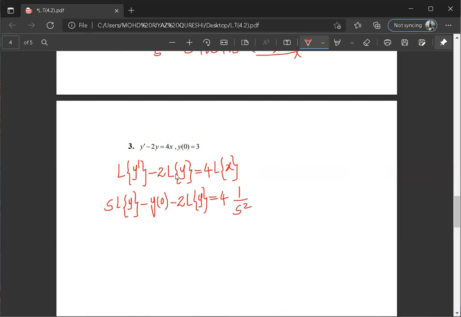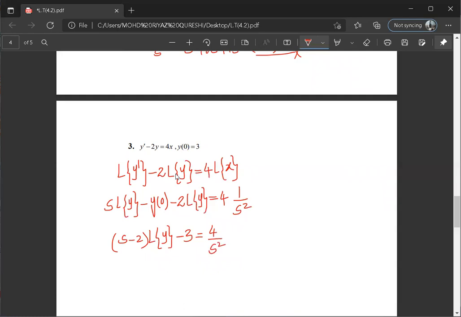Now from here, first and the last term, simply we can take L of y common. So s minus 2, and y of 0 value is there in our question, 3, is equal to 4 over s square.